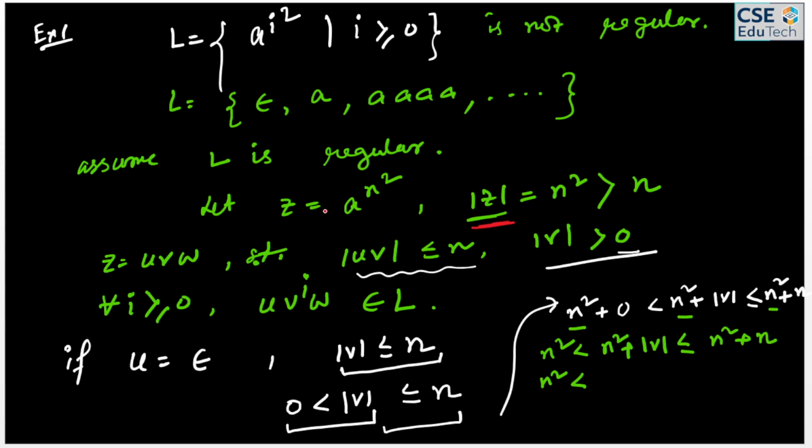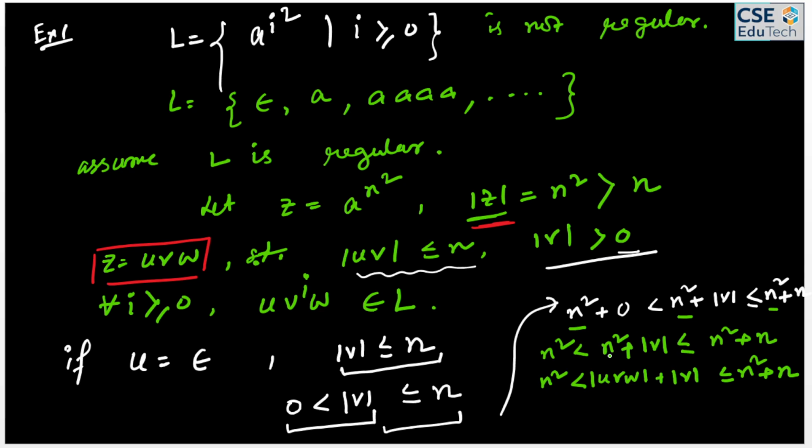We have assumed that z is a string of the form uvw, right? So we can write that n square is the length of uvw, and v alone has length less than or equal to n square plus n.